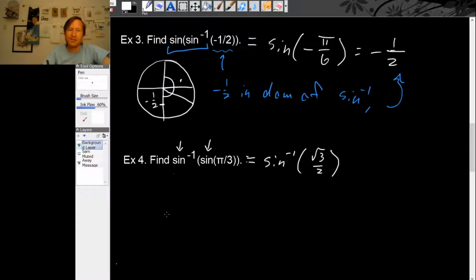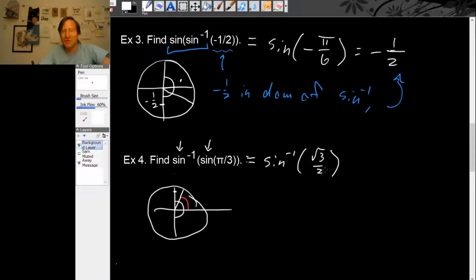And inverse sine of √3/2: we're looking for an angle from -π/2 to +π/2, and √3/2 is about 0.8, so up here somewhere. So we're looking for some angle like this. And √3/2, that's an output value for sine that we're familiar with. We know what angle produces that.